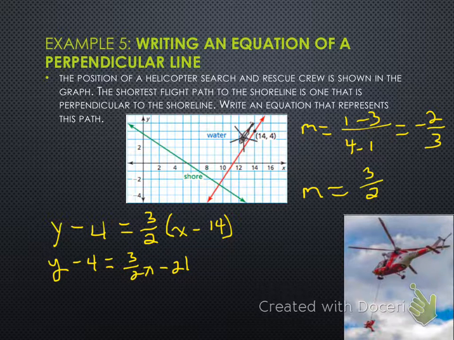Add that 4 to both sides to get y by itself, and I end up with y equals 3/2 x minus 17. So that's the equation that represents the shortest flight path for the helicopter to reach the shoreline.